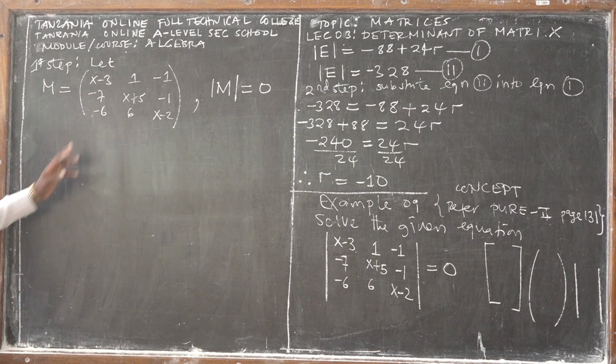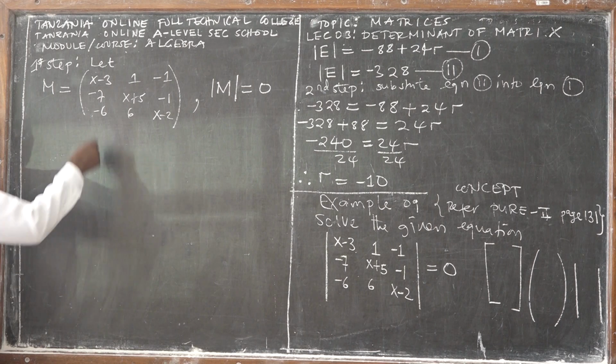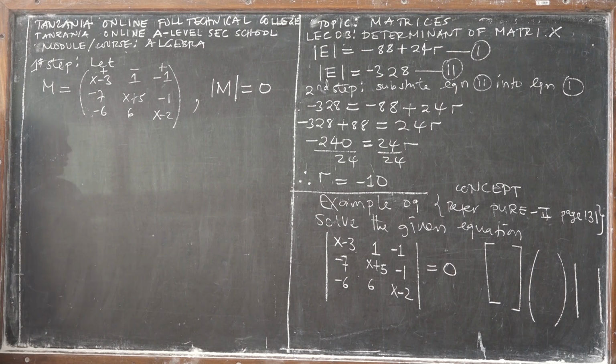Again, we have to assign signs to the elements of the first row: positive, negative, positive, always. Then you formulate the equation for the determinant of the matrix.